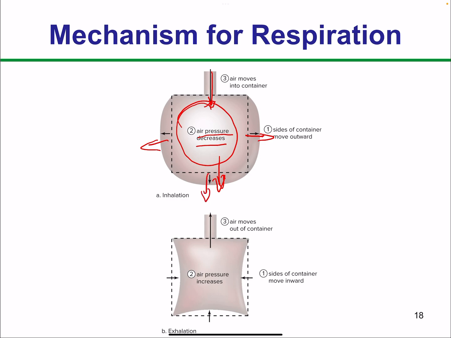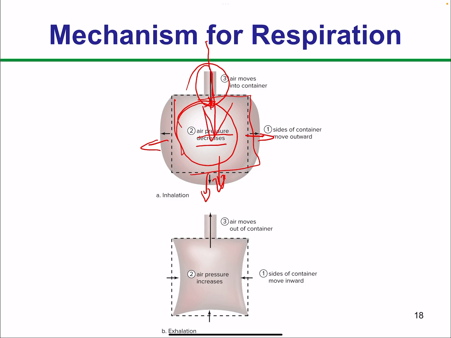The walls have to move outward. Only when the walls move outward, this creates a depression inside of the system, so that in the opening here, there is going to be a need for air to come in.